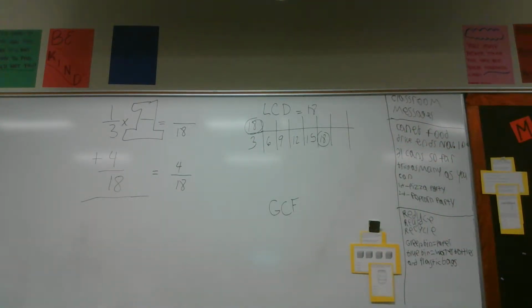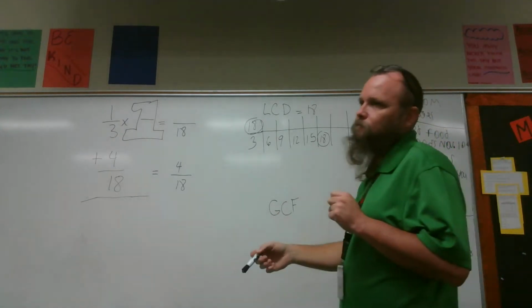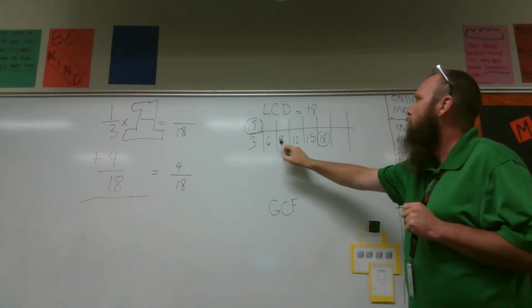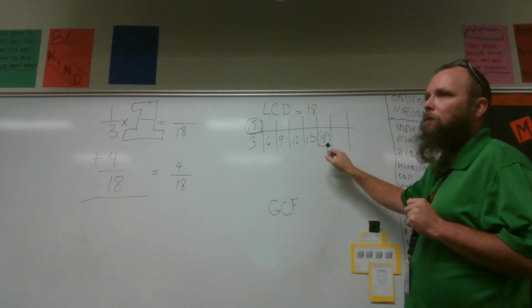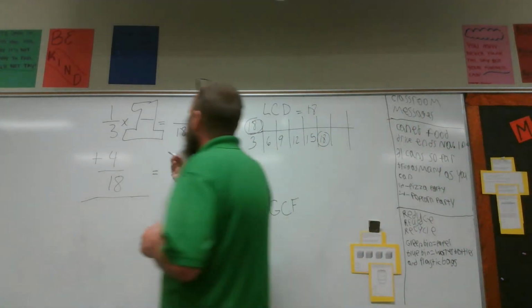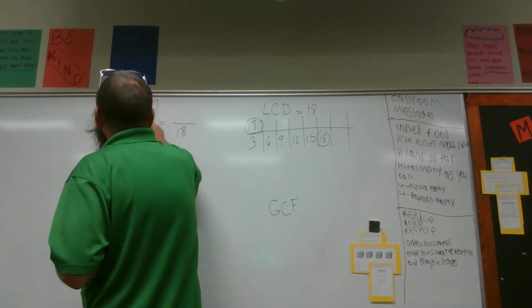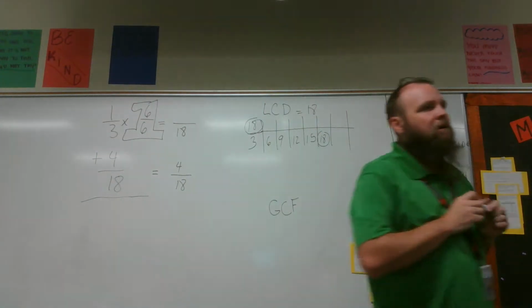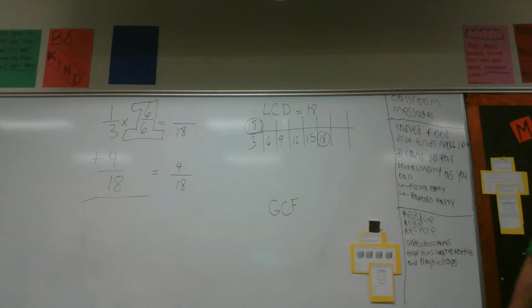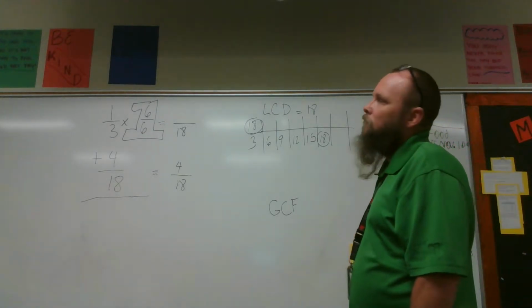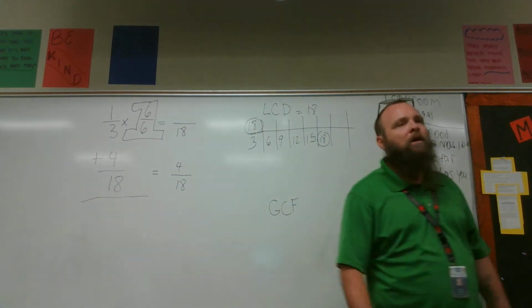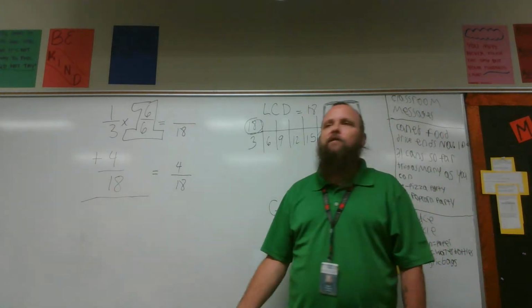So Najane, 3 times what is going to give me 18? We can count here. 6. So I multiply this fraction by 6/6. And it works because 6/6 equals 1. If I'm multiplying by 1, I don't change the value.